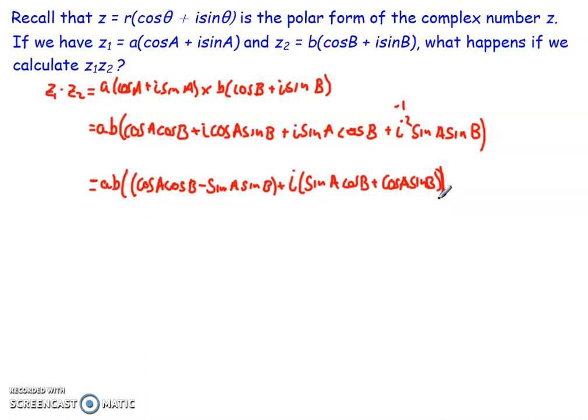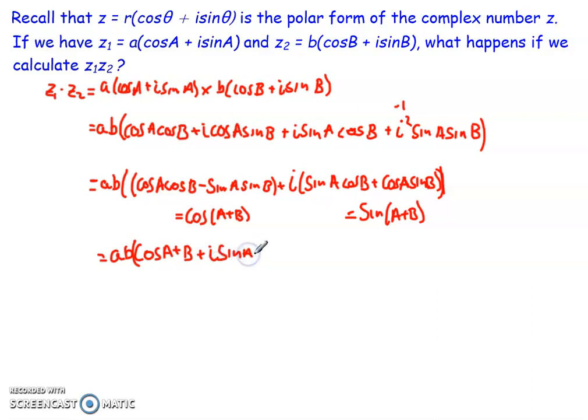Well, think back to your trig identities. Cos A cos B minus sine A sine B, that's the equivalent of saying cos of A plus B. Sine A cos B plus cos A sine B, that's the equivalent of saying sine of A plus B. So I can rewrite this as equal to ab times cos of A plus B, put that whole thing in a bracket, plus i times sine of A plus B. So what I'm able to do is simplify it and shorthand it down.